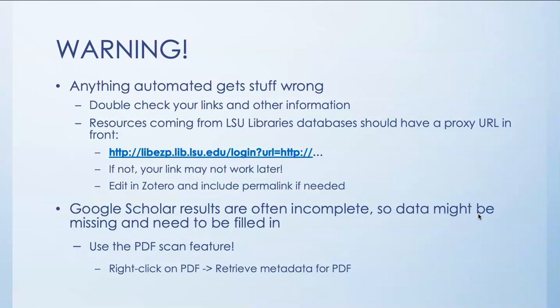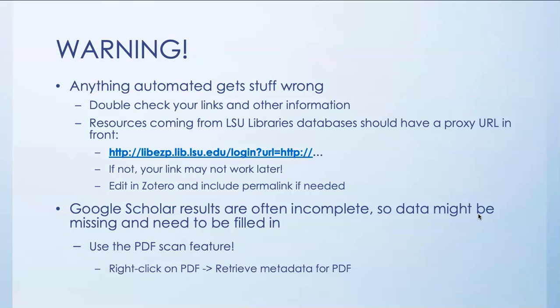I will also add that Google Scholar results are often incomplete. That's one of the downsides to using Google Scholar. So data might be missing and need to be filled in. However, if you have a PDF that you've downloaded from Google Scholar, if it is an OCR'd PDF, optical character recognition, meaning that it's machine readable, you can retrieve metadata through that PDF.